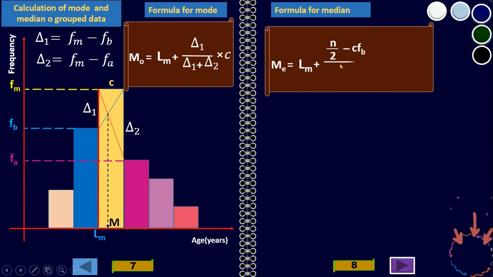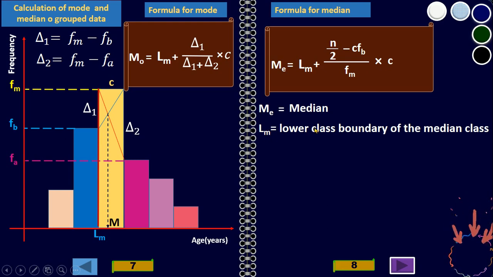Then this will be divided by the frequency of the median class. Then multiply by the class size. So now, this represents the median.